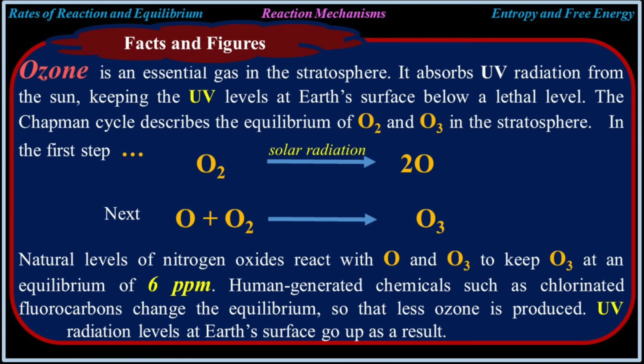Next, an atom of oxygen combines with O2 to form O3. Natural levels of nitrogen oxides react with O and O3 to keep O3 at an equilibrium of 6 parts per million. Human-generated chemicals such as chlorinated fluorocarbons change the equilibrium so that less ozone is produced. UV radiation levels at Earth's surface go up as a result.